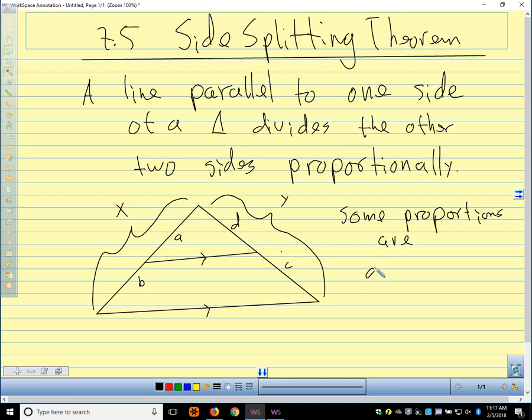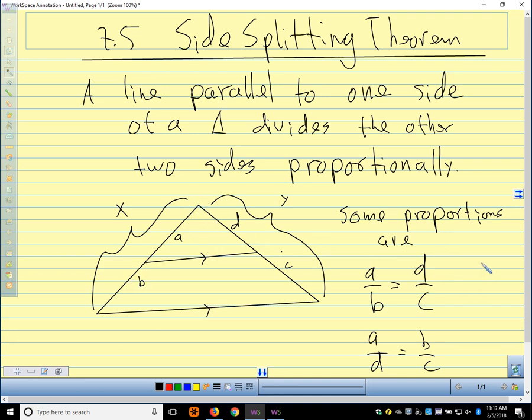So I can say A over B. I can compare these two sides. That is the same as D over C. I could also go across a triangle. I could say A over D equals B over C. So these two, and these two. I could use the entire lengths.